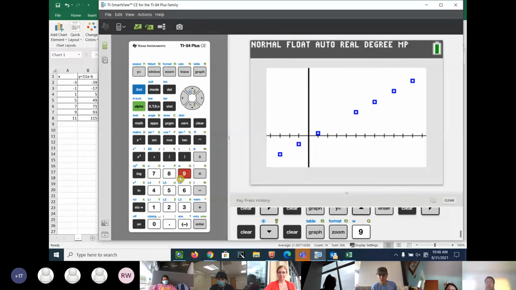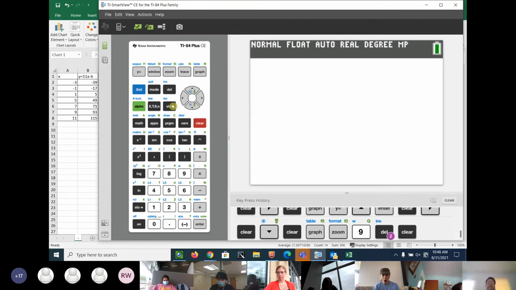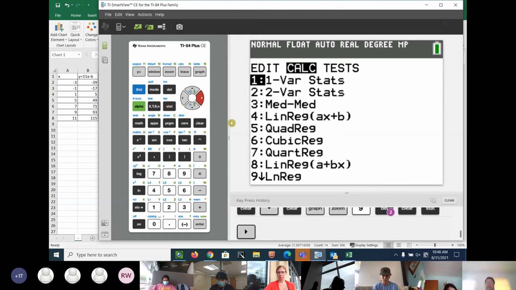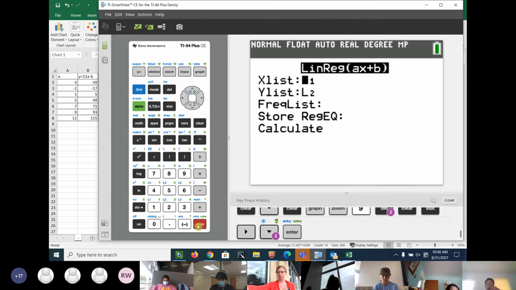Now, how do you find the formula in the TI calculator? Well, you hit stat, calculate, go down to linear regression, number 4, and calculate.